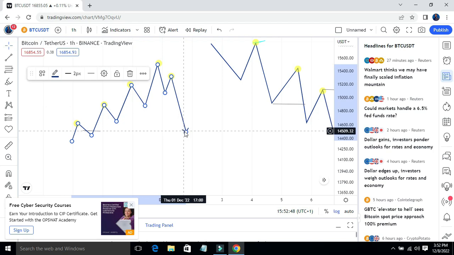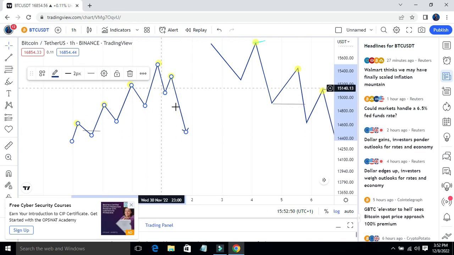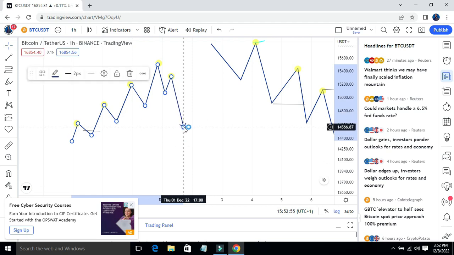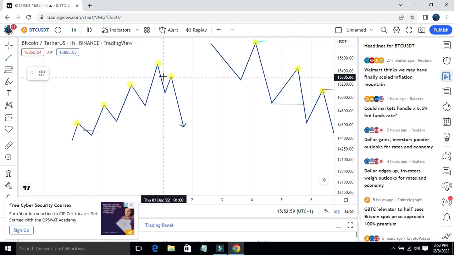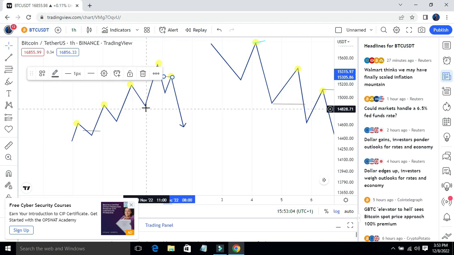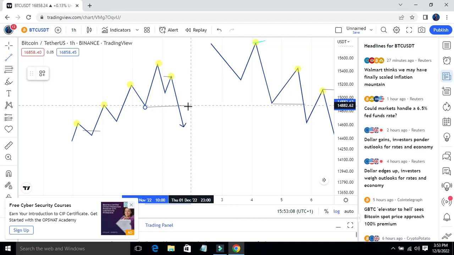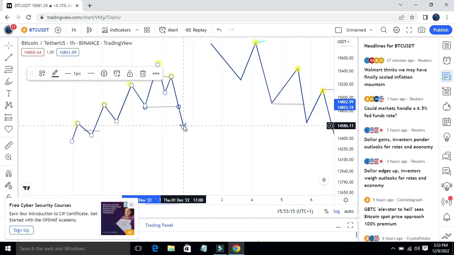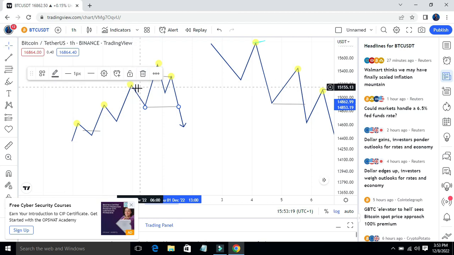So we are going now in a downtrend. It has changed the character from an uptrend to a downtrend. It's now making lows that are lower. Okay, so this is a change of character. Here is a change of character, and here too. Change of character, right? So that is basically how this market structure works.